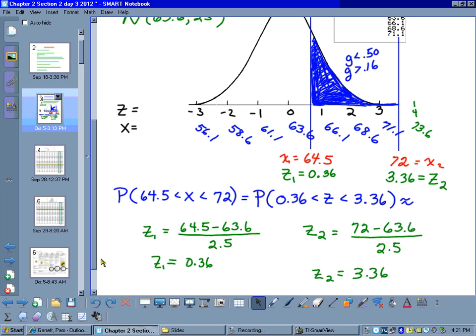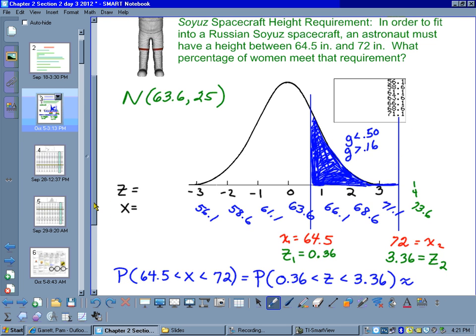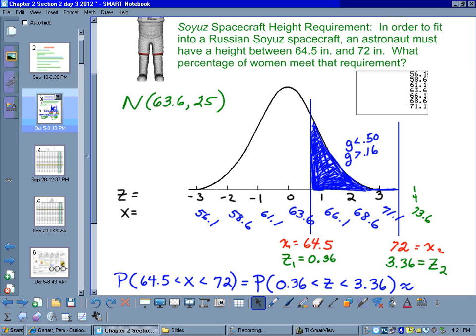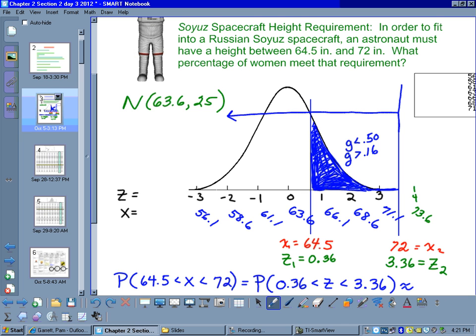In order to find a shaded area, I'm going to use my table. The first number I find is going to give me the area from here down, and the second number will give me the area below that cutoff, and by subtraction I will be able to get the dark blue area.